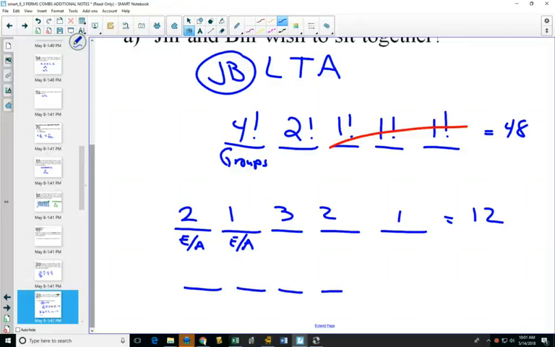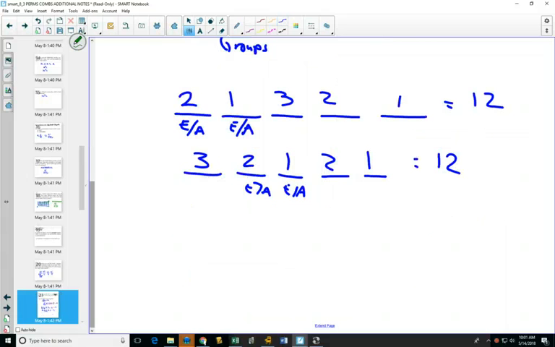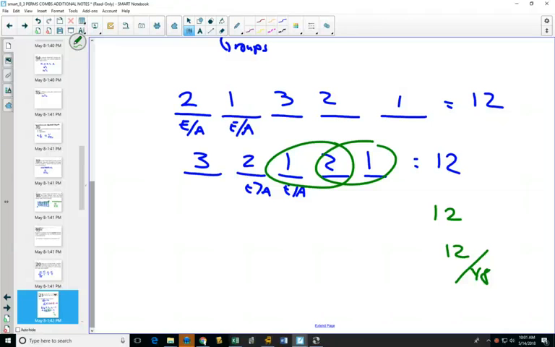Then the next thing I tried to count was them sitting here. There's 2 and 1, and then these don't matter. 12 ways. And the next time was here, and you got another 12. And the next time was here, another 12. You added up all those cases and got 48. That was the most common way people came up with, which works.